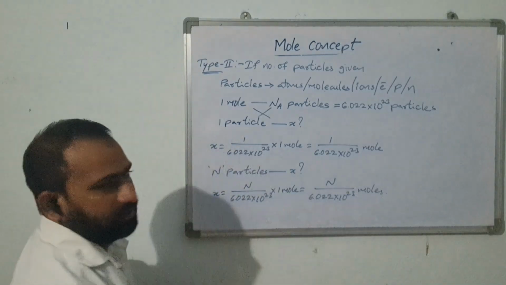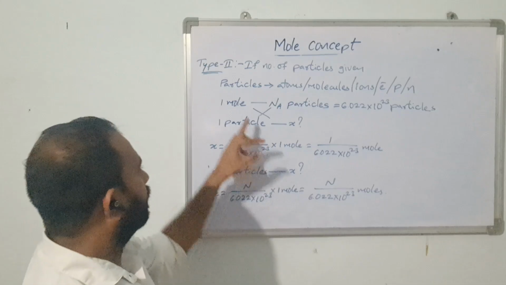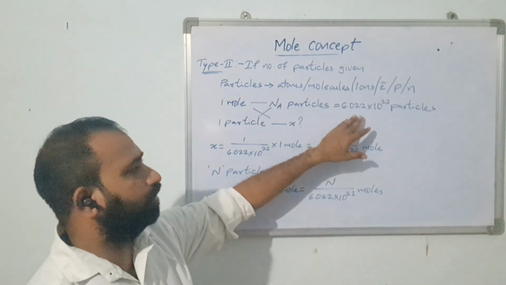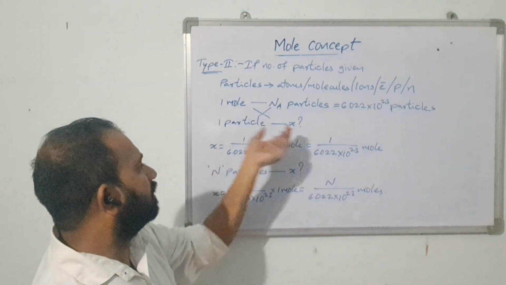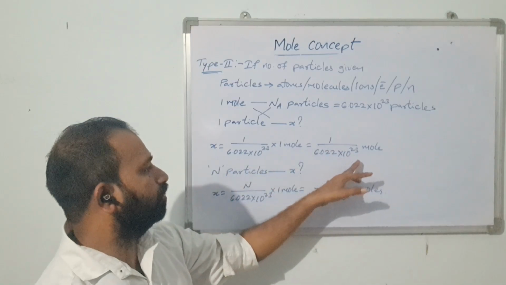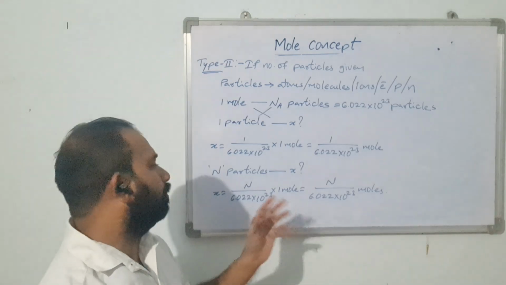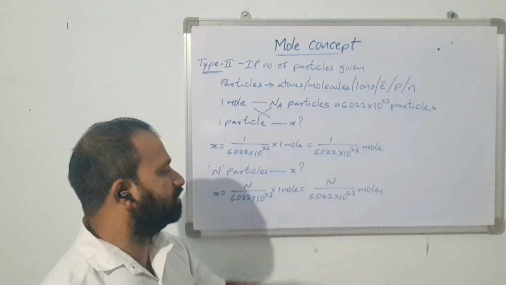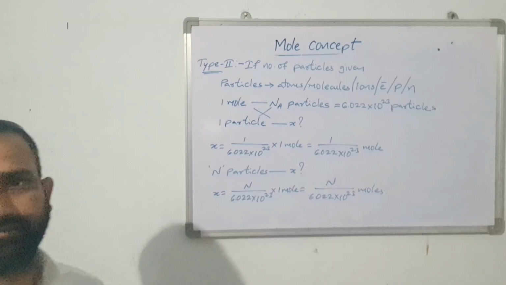This is very important, students. I am telling once again, 1 mole of any substance contains 6.022 into 10 to the power of 23 particles. One particle has 1 by 6.022 into 10 to the power 23 moles. Now n particles equal n by 6.022 into 10 power 23 moles. Note it fast, students.